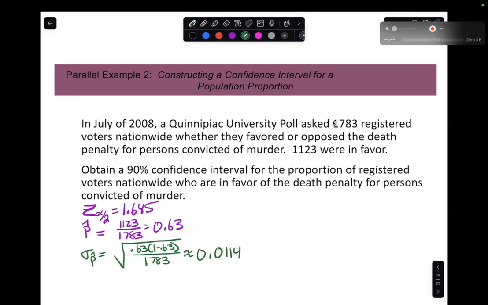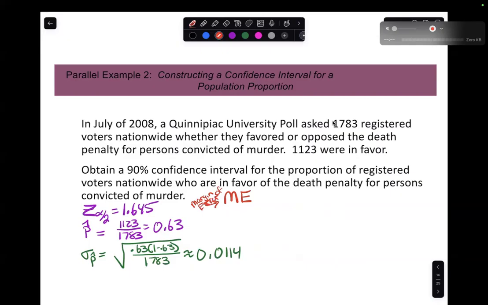Okay. Now, I have everything I need to create my confidence interval. So for my upper bound, actually, hold on a second here. I'm going to calculate the margin of error. We usually just write it like this, or just a capital E. I usually do ME for margin of error. That's the margin of error.